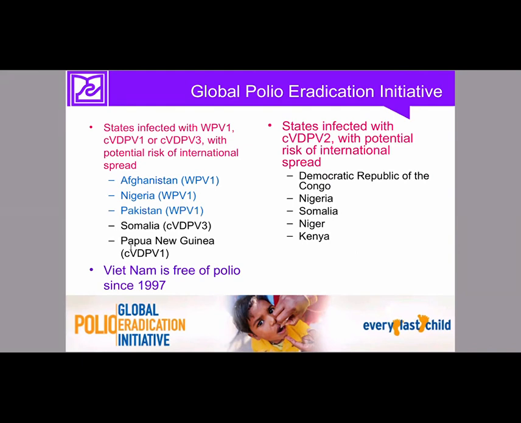What about Vietnam? This problem will never appear in Vietnam anymore because Vietnam is free of polio since the year 1996. The last case of paralysis because of polio appeared in 1996.